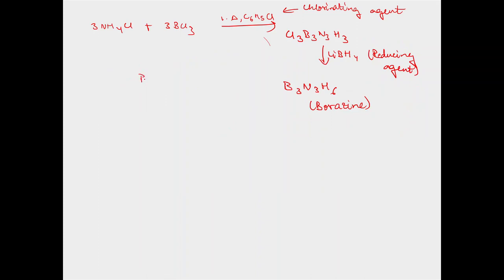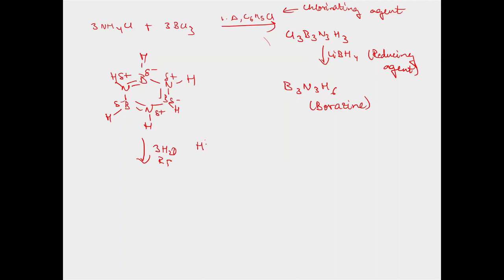Here the borazine has delta minus and delta plus alternately on B and N. Now they are adding 3 equivalents of water at RT.